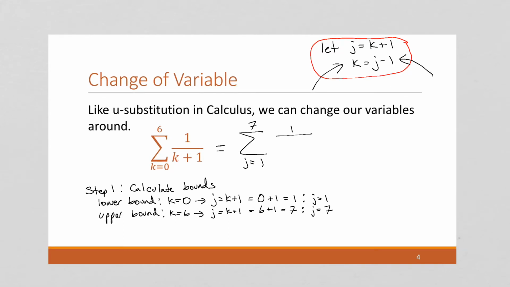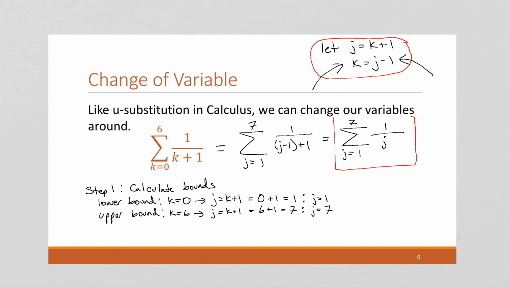So we're going to have 1 over k becomes j minus 1 plus 1, which simplifies out to 1 over j.